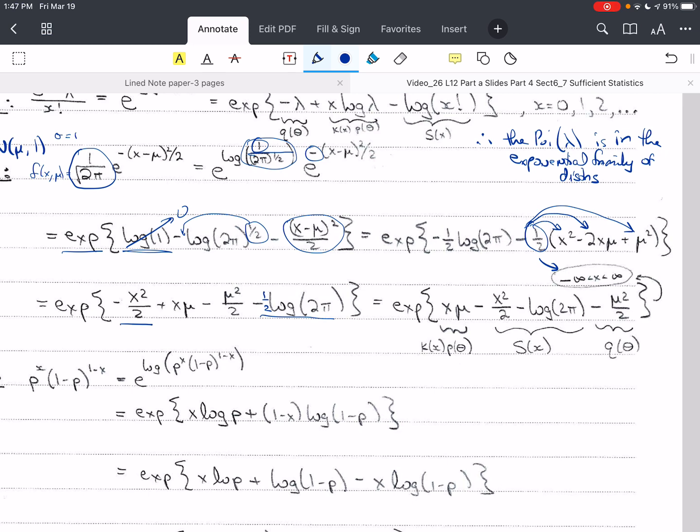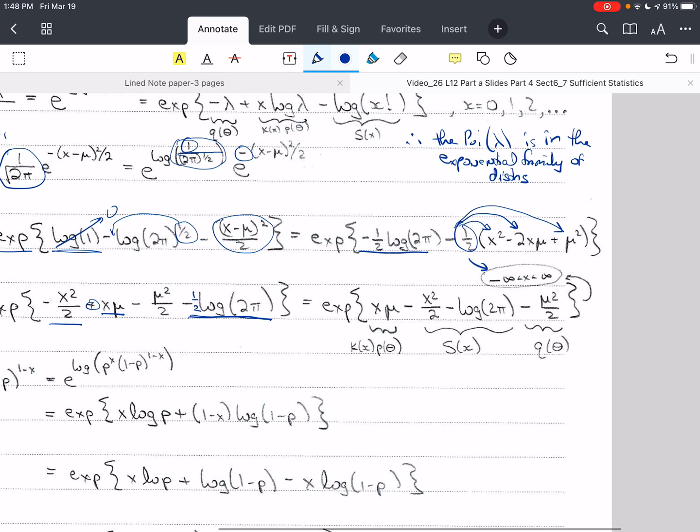I have a negative 1/2 times a negative 2, so that's going to be a positive 1 x times mu. And then I have a negative 1/2 mu squared. And then this was negative, so I put it at the end by itself, negative 1/2 log of 2 pi. And so we need a 1/2 in there.